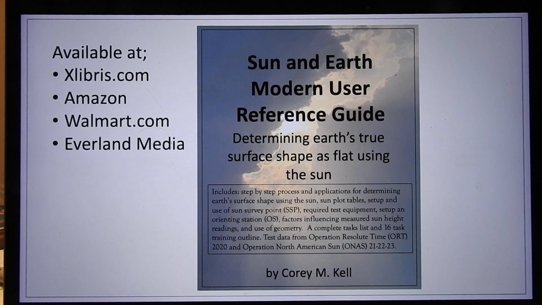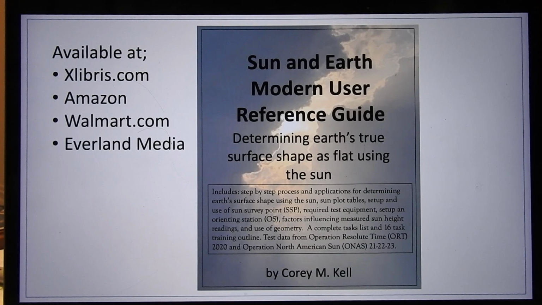It's a very comprehensive breakdown look at how to determine the Earth's true surface shape using the sun. There are test results from Operation Resolute Time and Operation North American Sun in it, 133 tests total, as well as a 16 training task outline within the book.